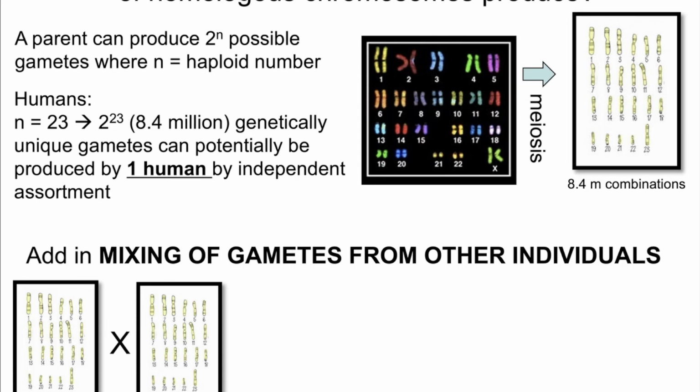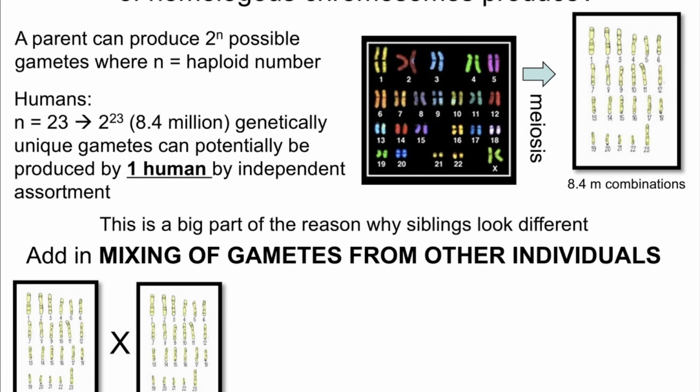So this is a huge amount of variation, and this is a big part of the reason why siblings look different, because the combination you get is going to be different than the combination your next brother or sister gets, okay?